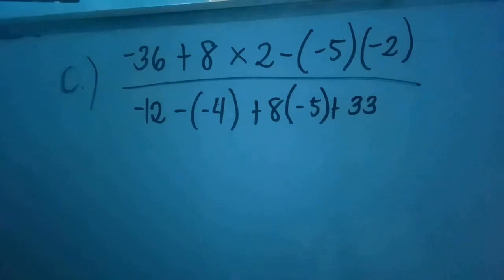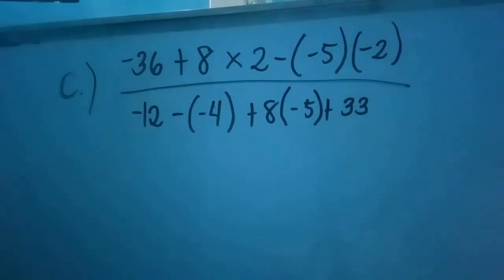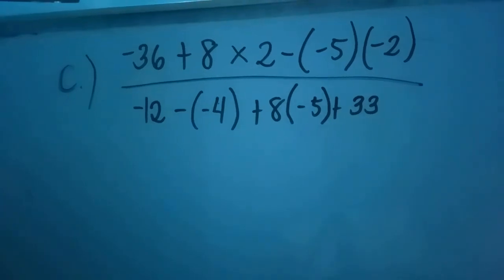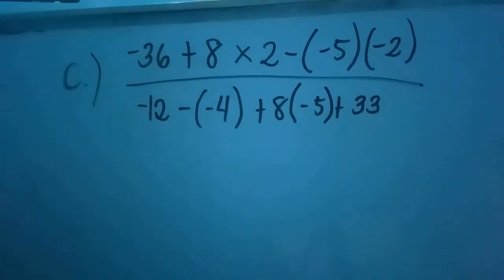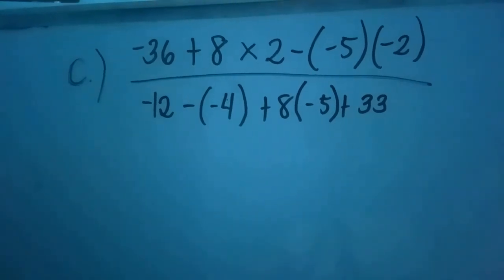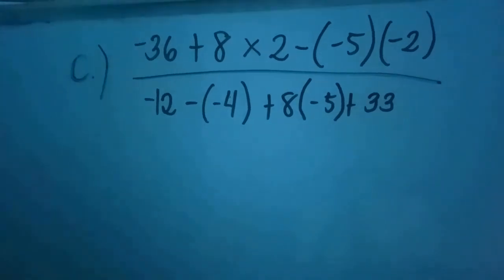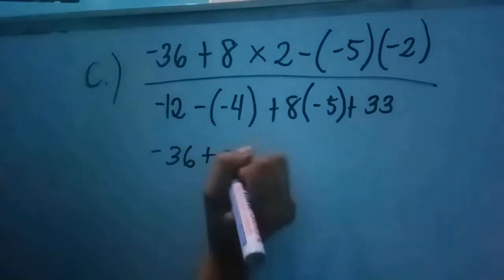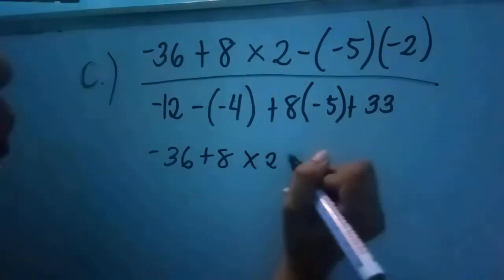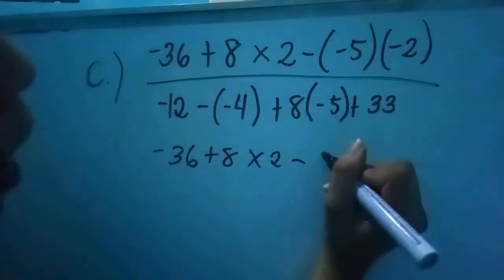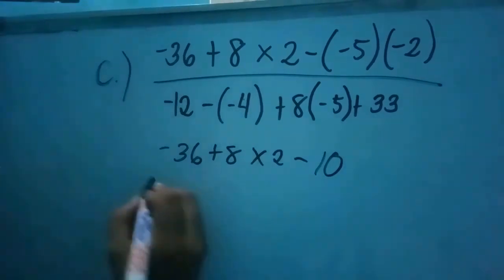So let us try this given example. Negative 36 plus 8 times 2 minus negative 5 times negative 2 all over negative 12 minus negative 4 plus 8 times negative 5 plus 33. So let us have first the multiplication in this given example. So negative 5 times negative 2 is positive 10.